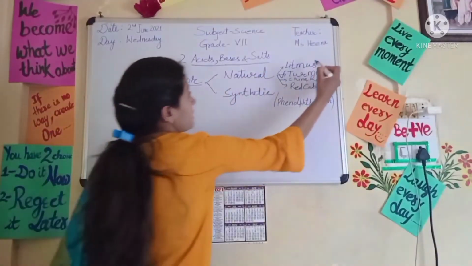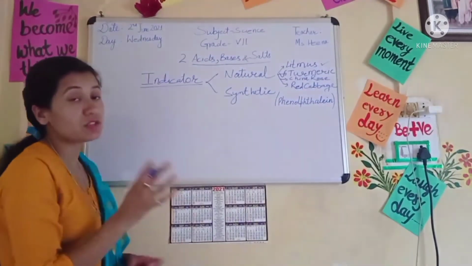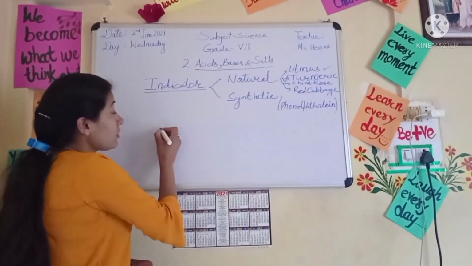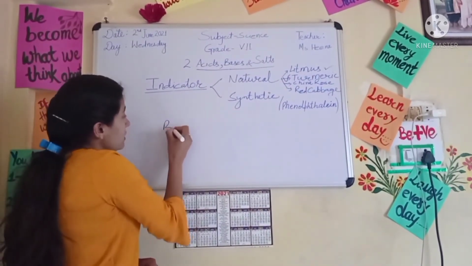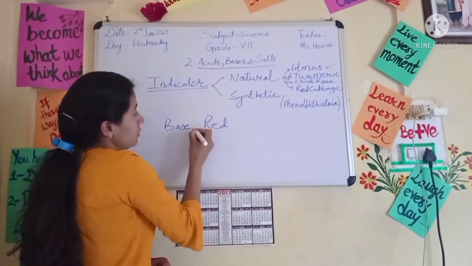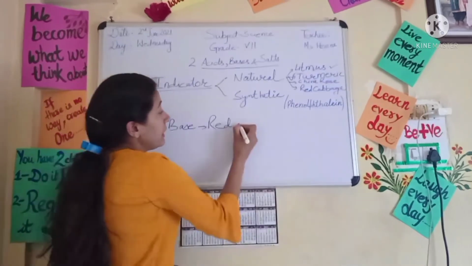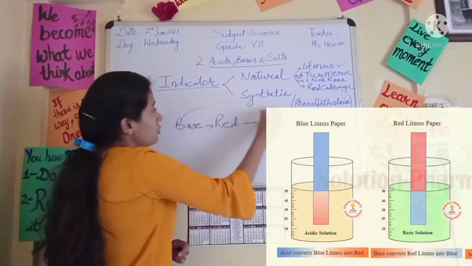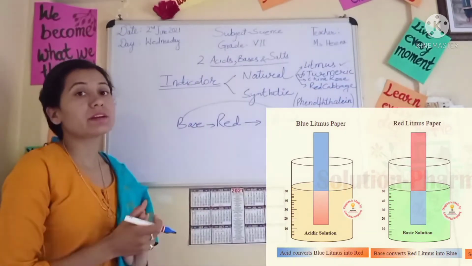If we talk about litmus paper, litmus is obtained from lichen. It's a very small plant, and when we add a base to red litmus paper, it turns blue. So you need to remember: base turns it blue. Okay, this way you can remember it.